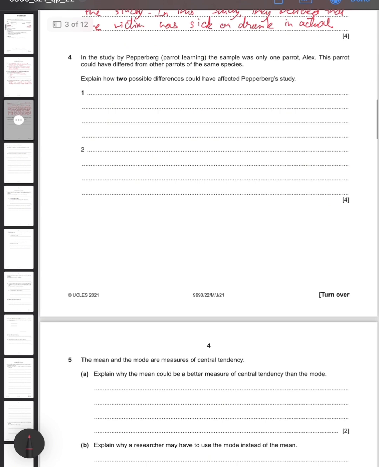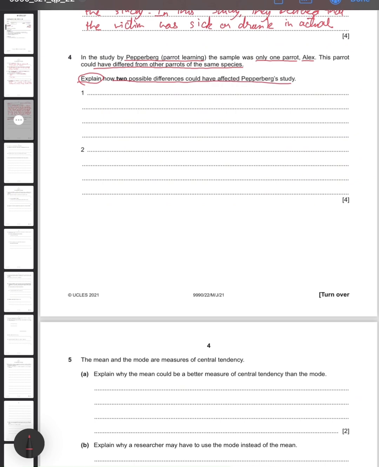Now question number 4 says, in the study by Pepperberg, parrot learning, the sample was only one parrot, Alex. This parrot could have differed from other parrots of the same species. Explain how two possible differences could have affected Pepperberg's study.